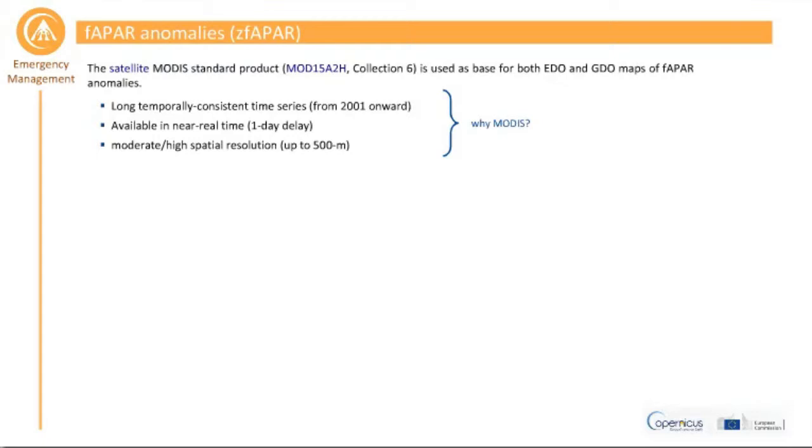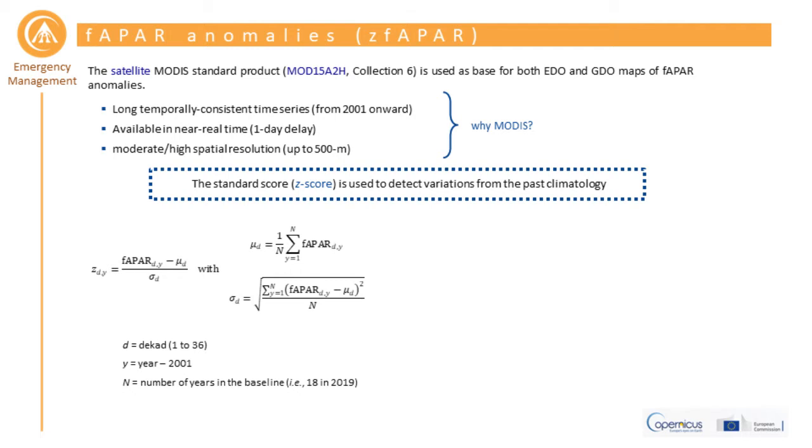Also, it's available in near real time with just 1 day of delay, so it allows us to decide the right updating time scale of the system. It also has a moderate to high spatial resolution up to 500 meters, so it gives us good spatial details for a continental or global scale system.